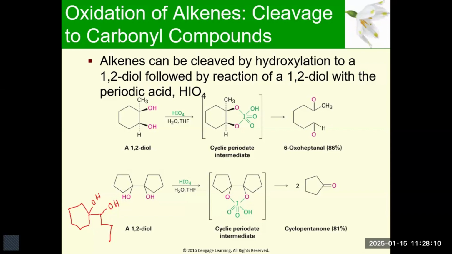This would still cleave, but now I would get 2 different products because I have my carbonyl group there, but then I have 1, 2, 3, 4 with my carbonyl group there. Okay. And so with those cleavages, you just want to pay attention to which carbons are there and which ones are being cleaved.